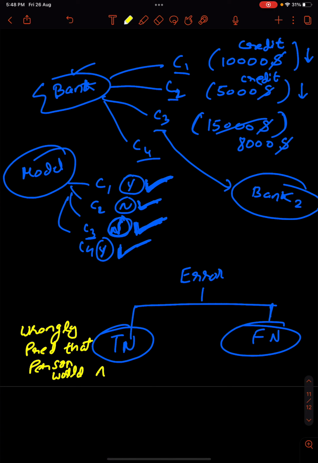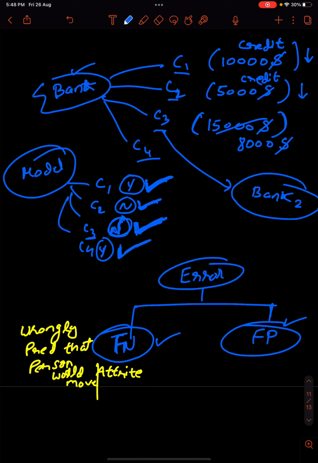Would attrite, or there is an attrition, okay? Would move to a different bank. Okay, sorry, this would be false negative, and this is false positive. Okay, these are the two kinds of errors possible, right?